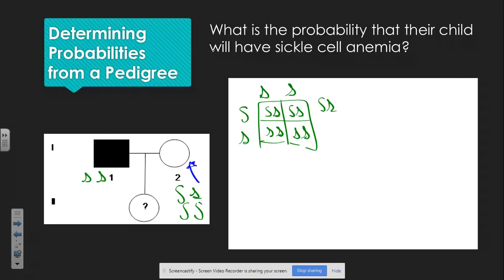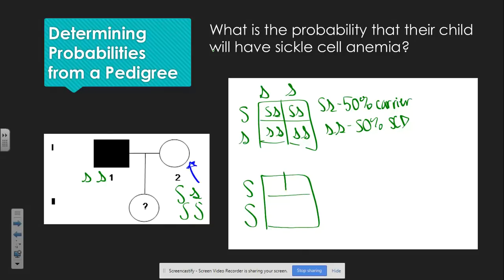We have Ss, which results in a 50% chance of a carrier. And we have a 50% chance that they have sickle cell disease. All right. And then the other possibility that mom can be is big S, big S. And this one is only going to result in one possible genotype, and that is that it's a 100% chance of being a carrier.